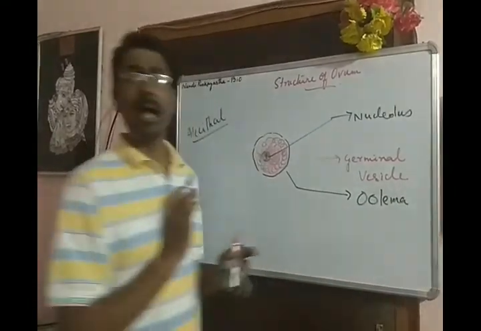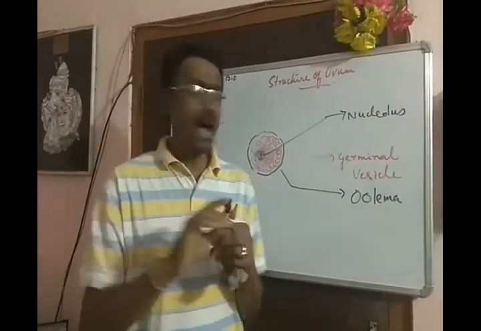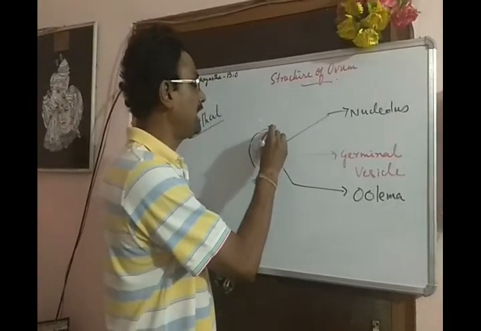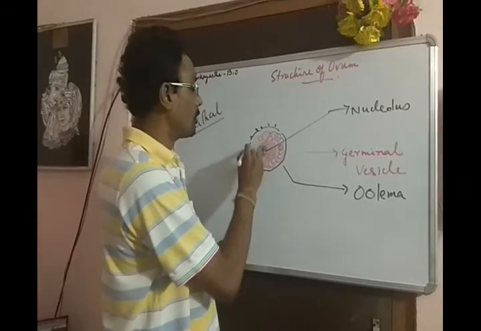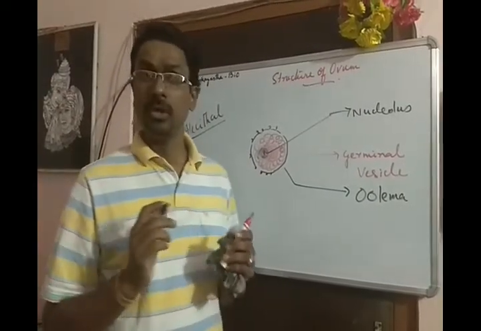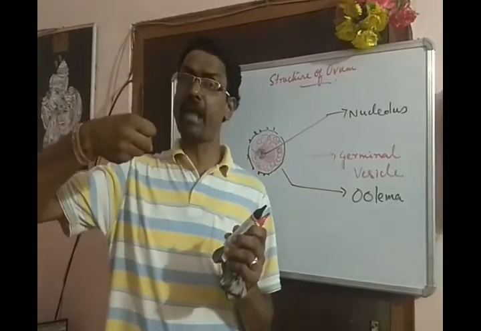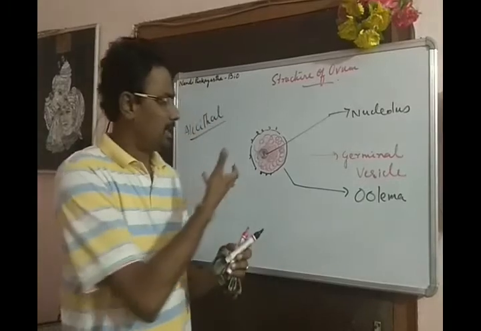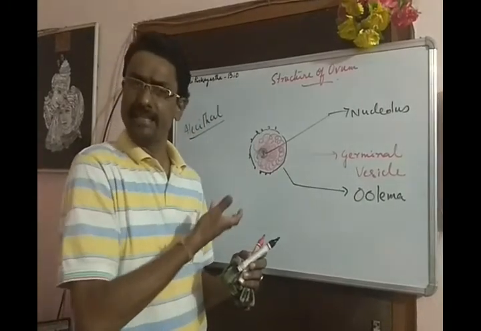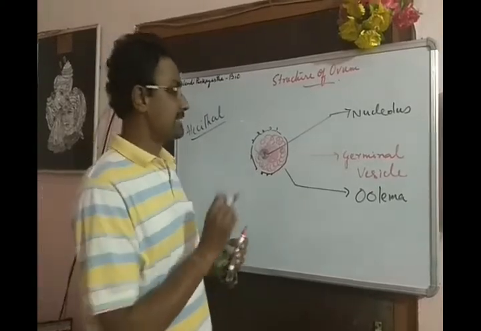These names you have to keep in mind. Now, oolemma gives out some microvilli. Okay, students? Microvilli it gives out. These microvilli are meant for absorption of the nutrient when the ovum or the egg develops. Clear?